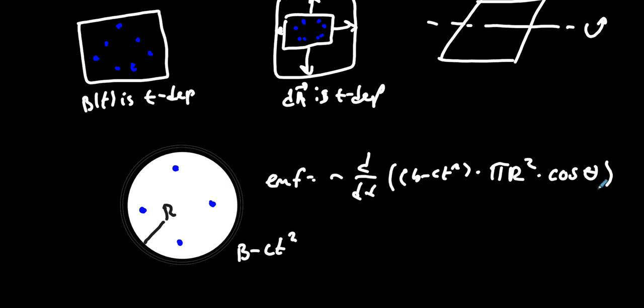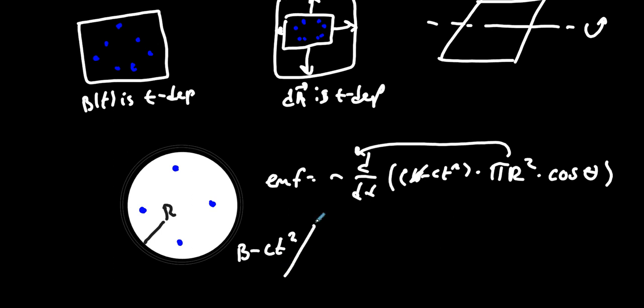So the derivative of this will just be 0. Just cancel out. And the derivative of CT squared is just negative 2CT. So we're just going to have our negative pi, or we can move our negative pi r squared out because it's constant. And so we have a negative and a negative. That makes a positive.